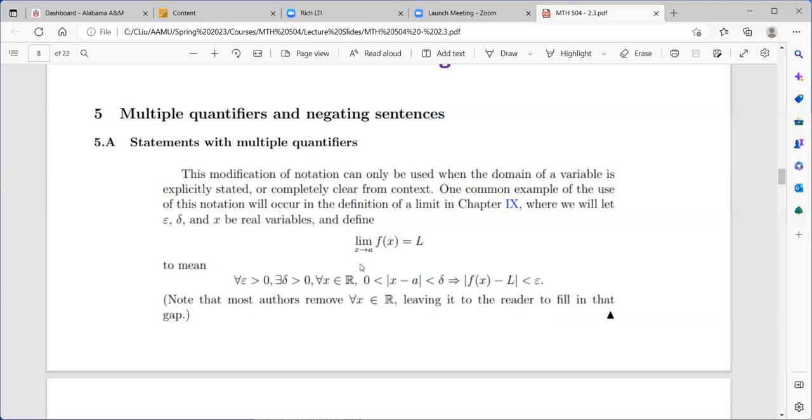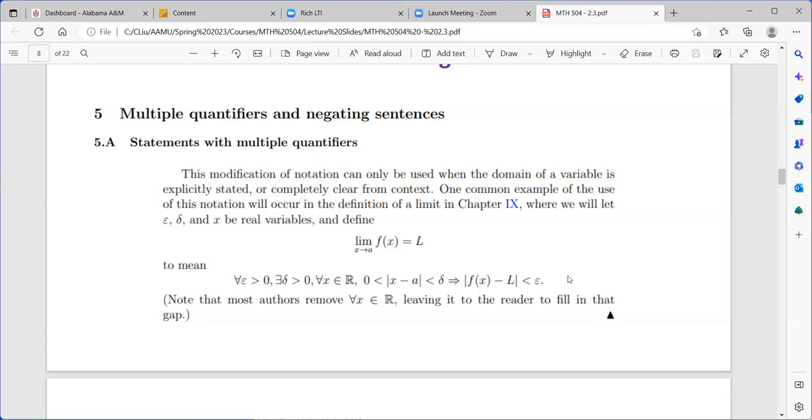Although we did not talk about this notation quite a bit, I don't know if you actually learned this notation before in calculus. Most people didn't introduce this notation or definition of limit.